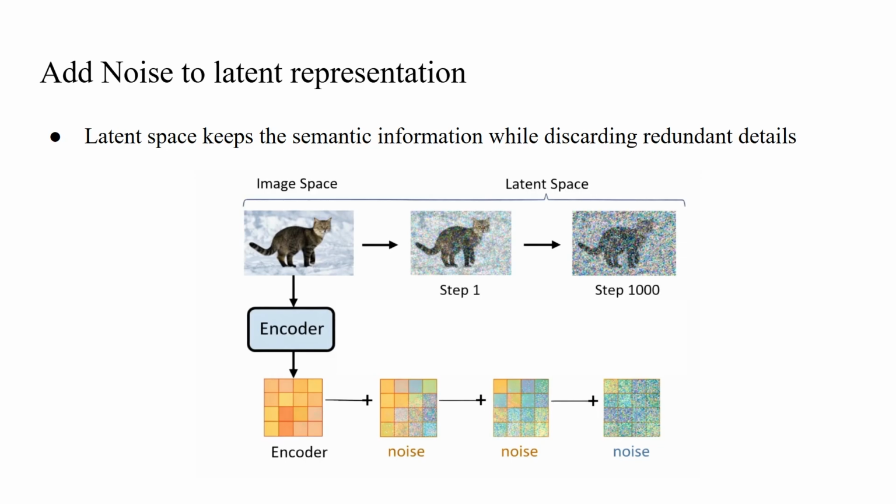For example, for a cat image, the latent representation does not need to store every exact pixel. You only need to preserve the meaningful information such as object structure, color distribution, and general appearance. So compared with image space, latent space is smaller and more compact. This makes the diffusion process more efficient because the model denoises a compact representation instead of the full image.